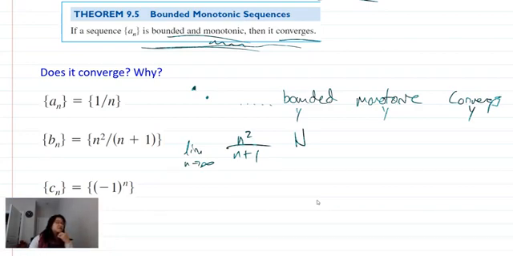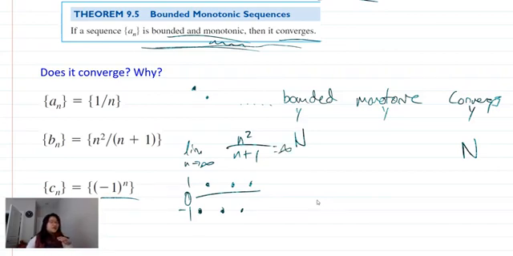What about c sub n? We have this just negative 1 to the n power, so that's going to alternate between negative 1 and 1. First it's going to be negative 1, then positive 1, negative 1, positive 1. So yes, it's bounded, but this one does not converge, because this limit does not exist.